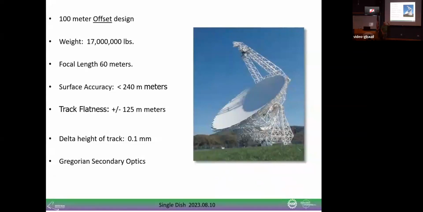If you notice in Jay's talk, the more modern dishes have their feed arms on the bottom, and there's been some analysis that actually helps you improve the aperture efficiency over the system temperature, because you get less spillover.